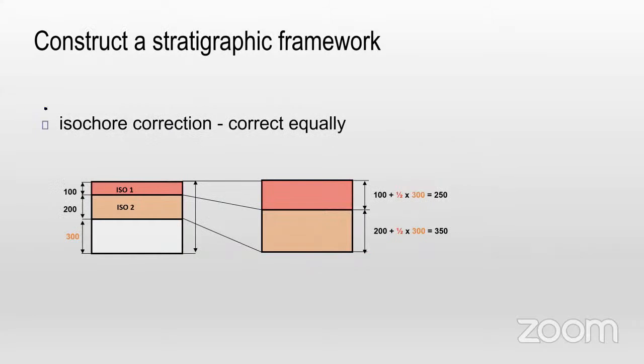And that's one of the examples where you can find the thickness between the 2 intervals based on the isopack maps.